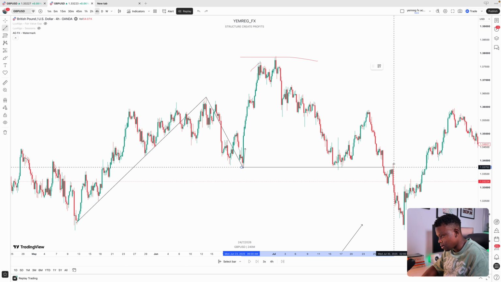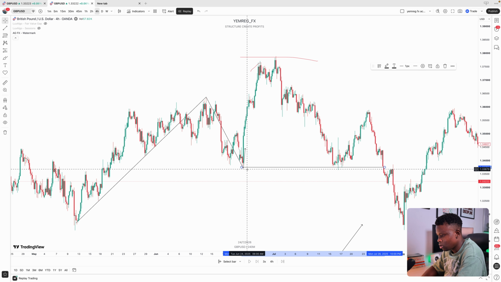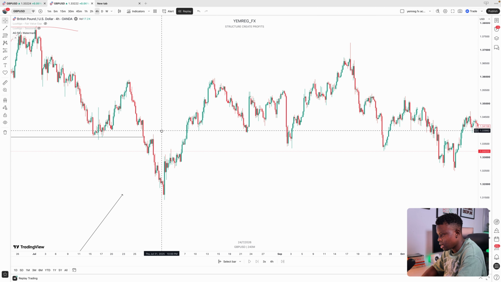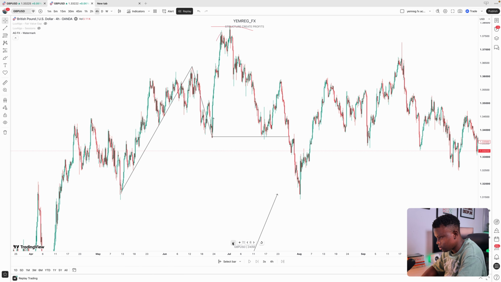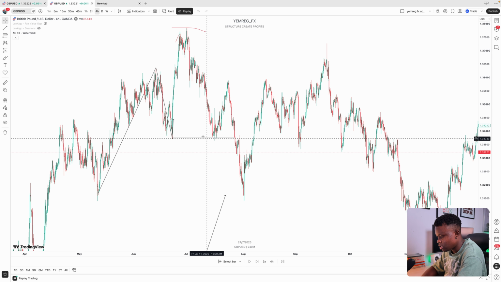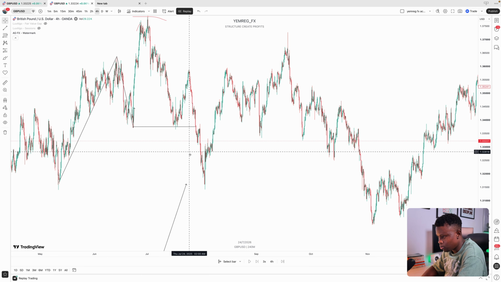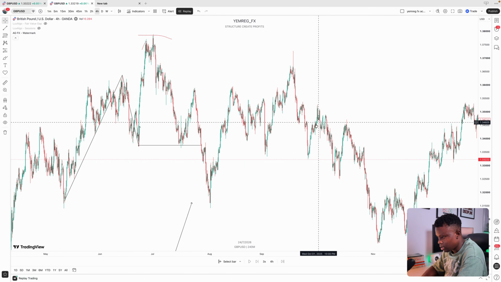So that is our major shift. Then can you see price started dropping to the downside and selling from there. So price took out this swing low, then pulled back to the upside, then kept on dropping.